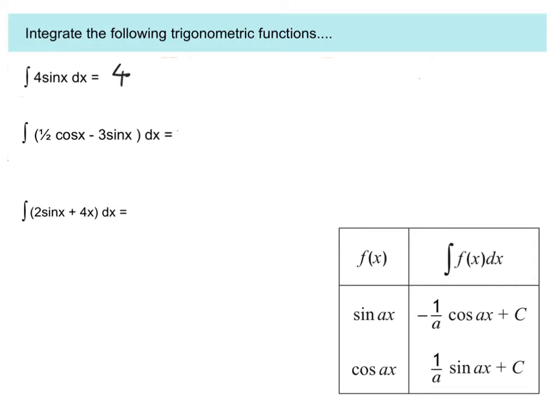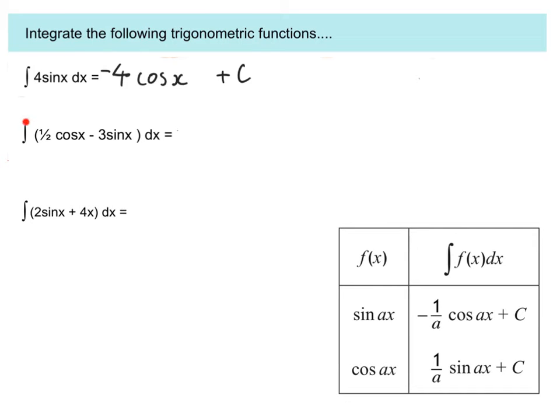We're integrating sine. Sine goes to negative cosine. So the trig function is going to turn to cosine, and I'll change this to negative. My variable's just x, so I leave that as it is. And I have plus c, my constant at the end there.